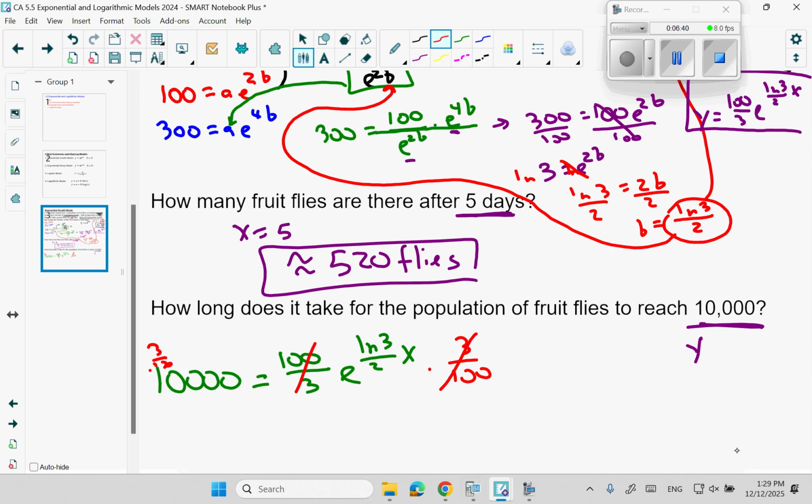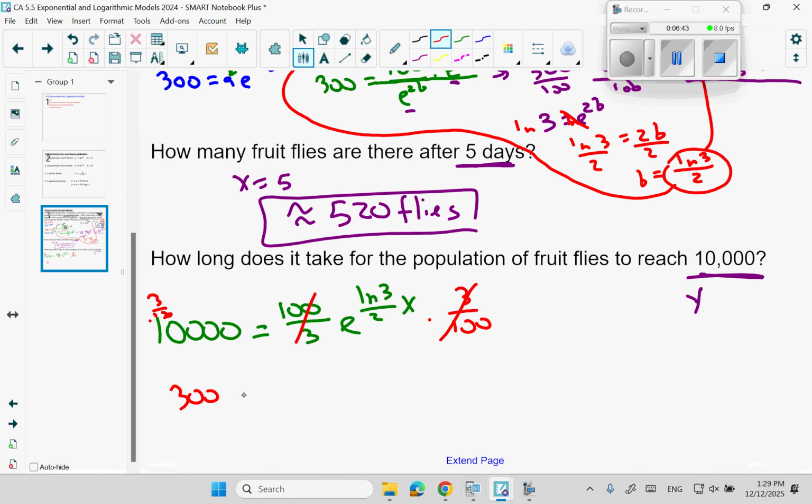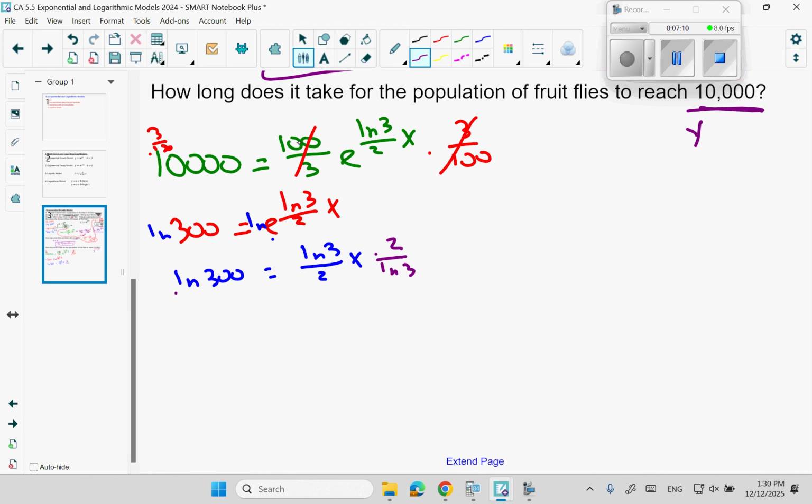I get 300. To get rid of this e, we can natural log both sides. So now we get the natural log of 300 equals the natural log of 3 over 2 times x. Well, I can multiply both sides by 2 to get rid of that 2 and divide by the natural log of 3, just like multiplying by 3 over 100 to cancel out the 100 over 3.